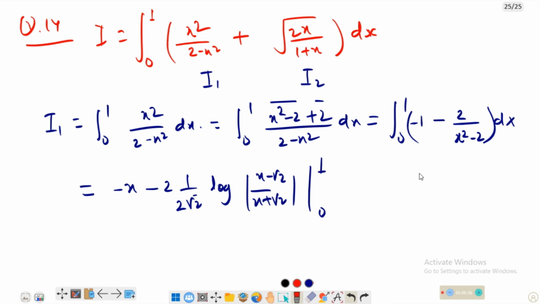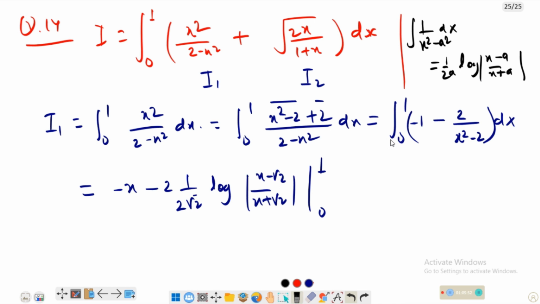Because we know that the integration of 1 upon x square minus a square dx is equal to 1 upon 2a log of the complete mod of x minus a upon x plus a. Okay, I am using this formula for calculating this integral.